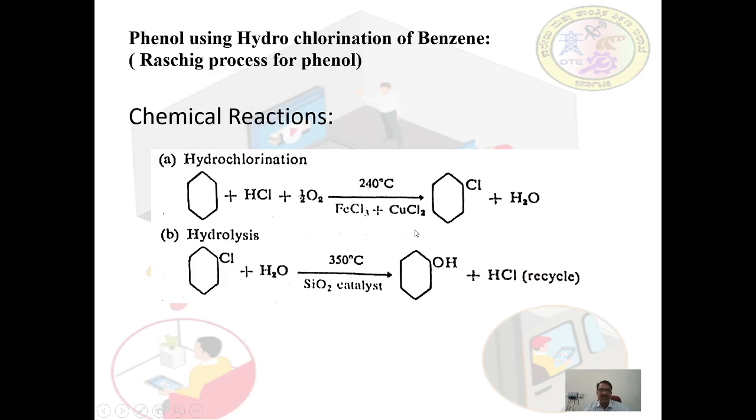This monochlorobenzene is then hydrolyzed in the second step with water at 350 degrees centigrade temperature in presence of silica catalyst, which converts it into phenol, C6H5OH, and hydrogen chloride, which is recycled for the hydrochlorination reaction.